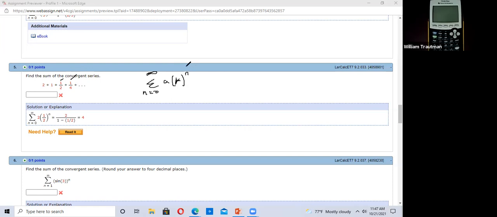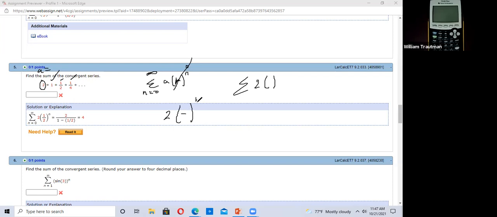So no matter what you do, when you put 0 in here, this is going to turn to 1. Any number to the 0 power equals 1. So the first number is going to be a. A equals 2. So we know we're going to be stuck with 2 and then some fraction. The second fraction is going to be 1/2, because for the second number, we're going to put 1 into n.